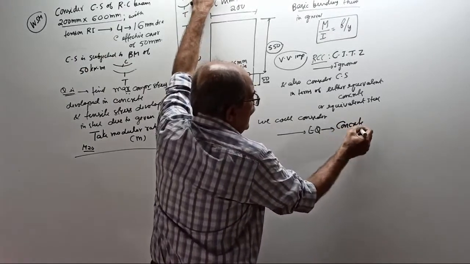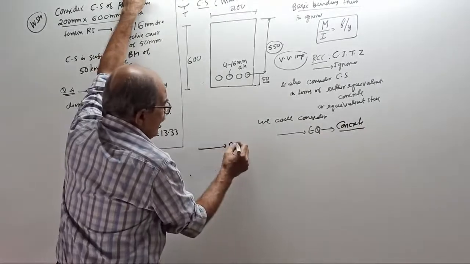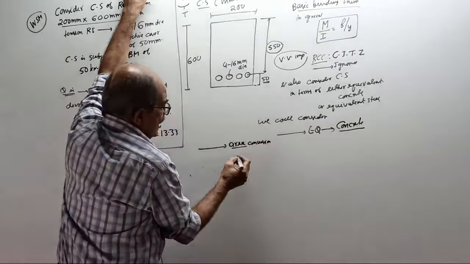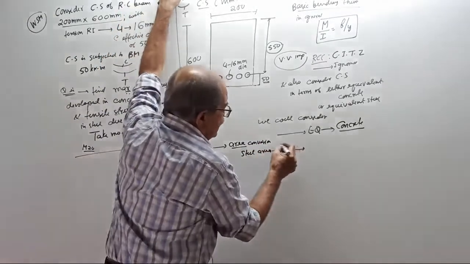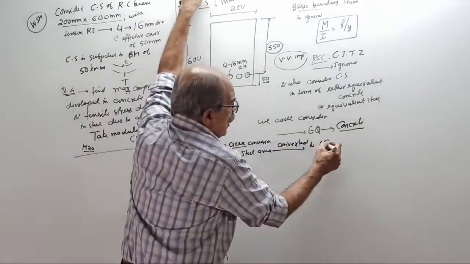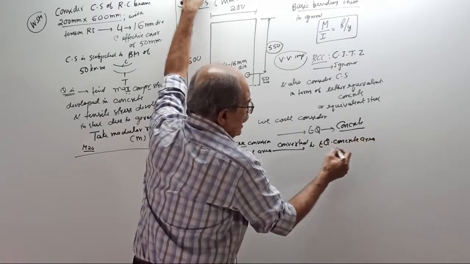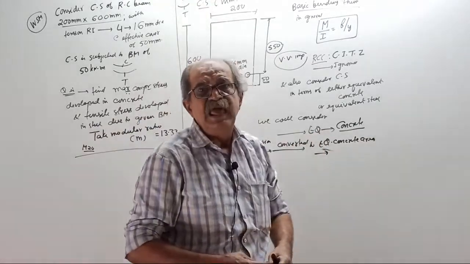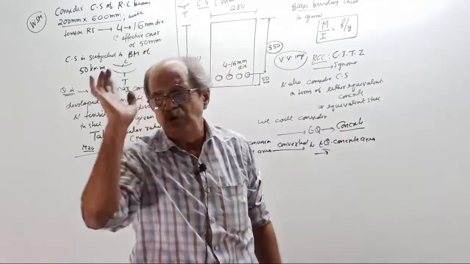Then there is a condition. Remember, the condition is area conversion. That is, steel area converted to equivalent concrete area. If you are converting steel area into equivalent concrete area, tell what you have to do.